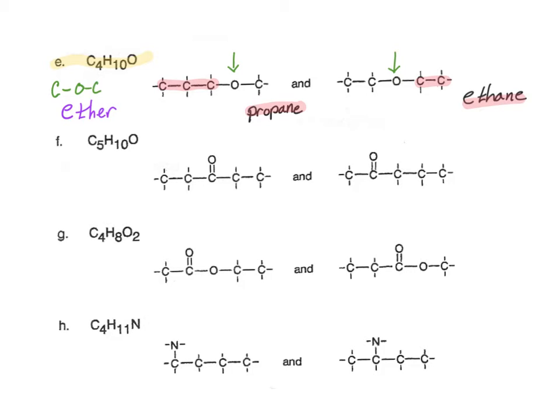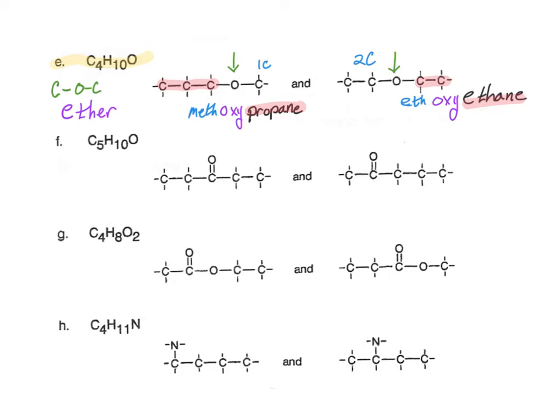For ethers, the oxygen is in the middle of the carbon chain, so we name it with the oxy in the middle of the name. Then we put the chain length of the attached group. On the first one, there's a 1-carbon chain, so we call that meth. On the second one, there's a 2-carbon chain, so it will be eth. And so we have a methoxypropane and an ethoxyethane.